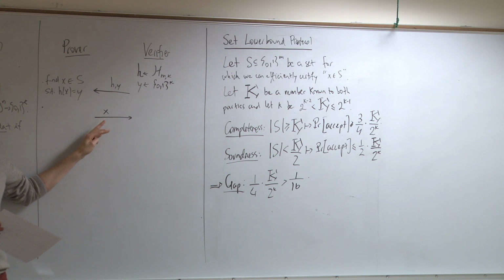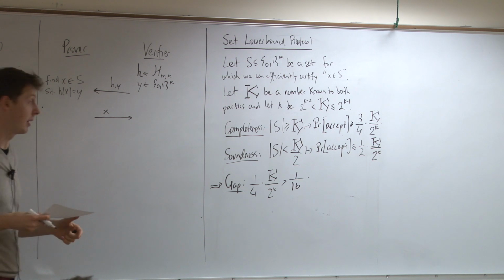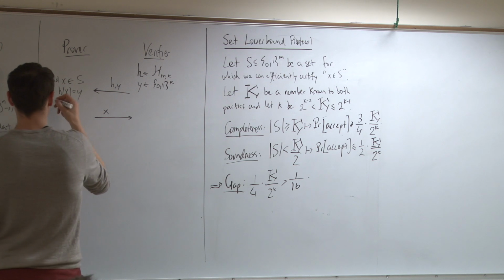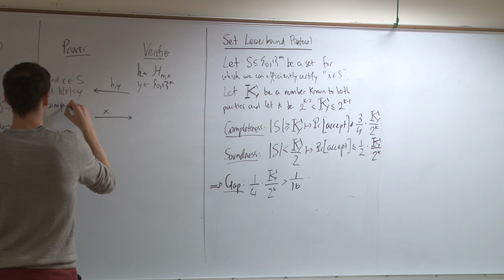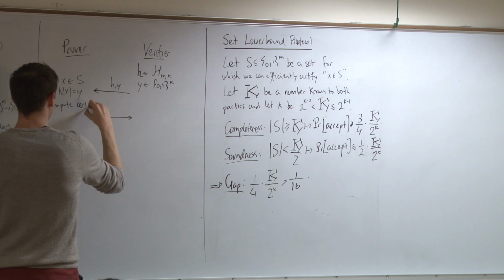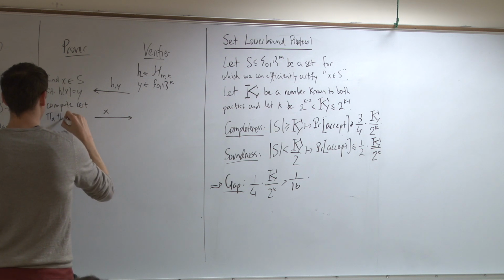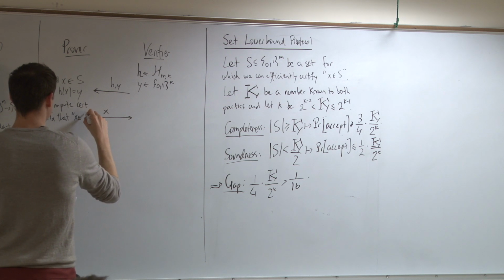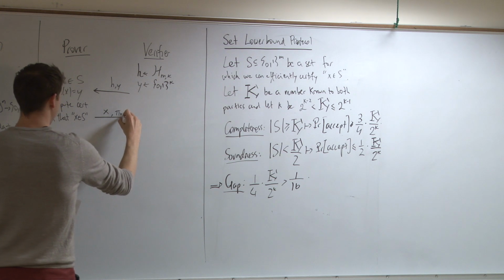What else should it do? Yeah. Send the certificate that x is in S. So it should compute a certificate pi sub x that x is in S, and it will send this pi sub x over.